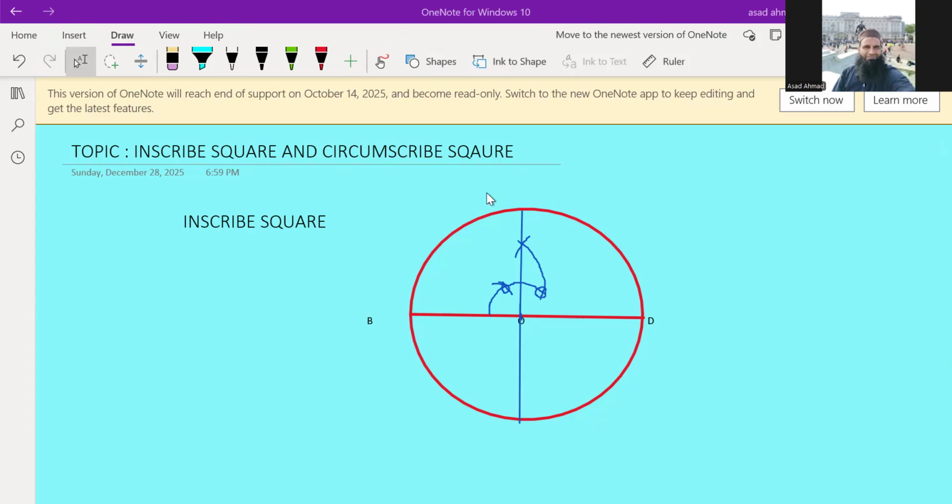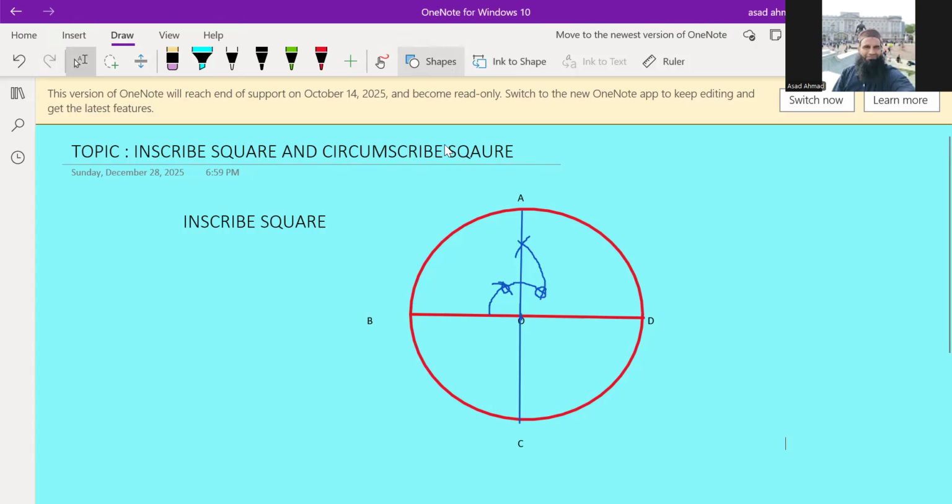Let's suppose this point is A, and the other side is, for example, point C. So BOD and AOC are two diameters of this circle, intersecting at the center point O.